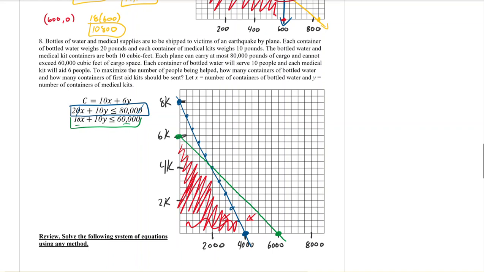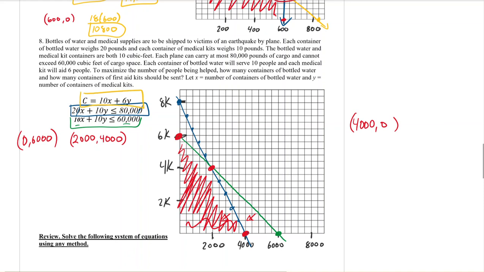Looks like we're going to have a vertex there at 0, 6,000. Have another vertex here at 2,000, 4,000. And another vertex here at 4,000, 0. So we'll plug them into our objective function.